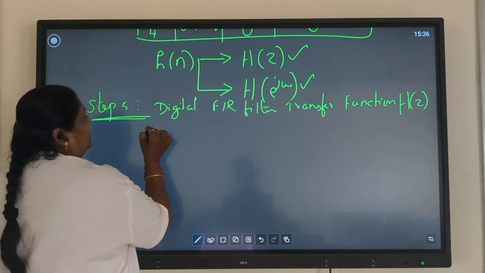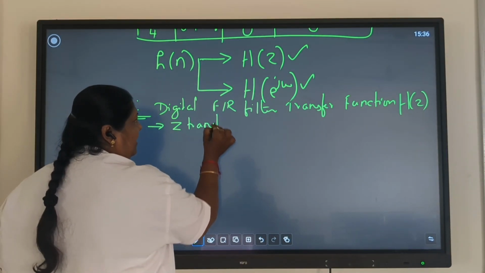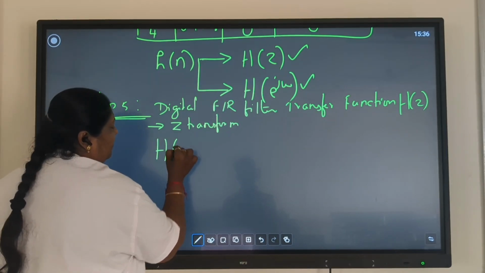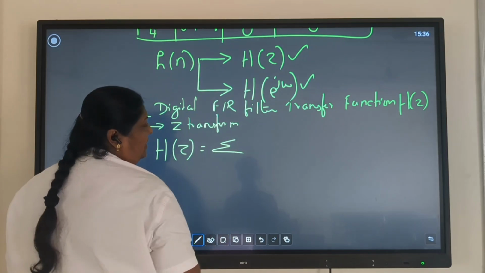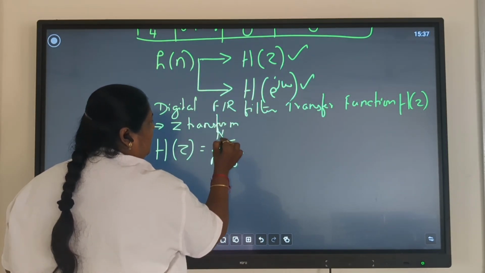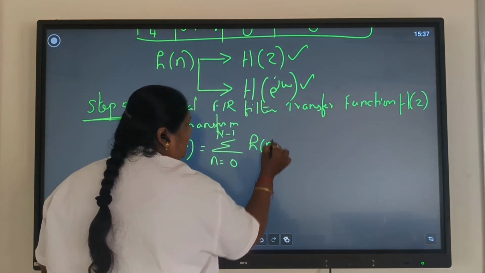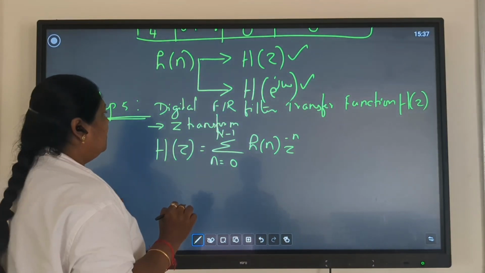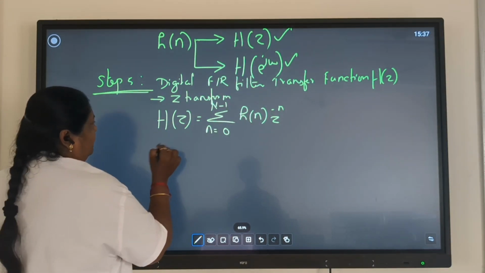By applying z transformation, I can find the digital transfer function h of z. What is the formula for h of z? It is equal to summation, n varies from 0 to capital N minus 1, h of n z power minus n. This is the formula. So I am going to use this formula and expand this.